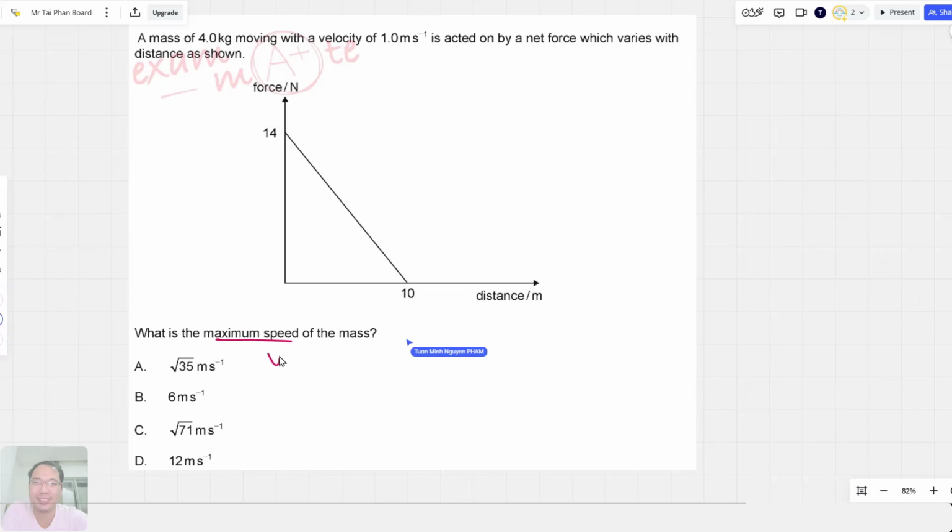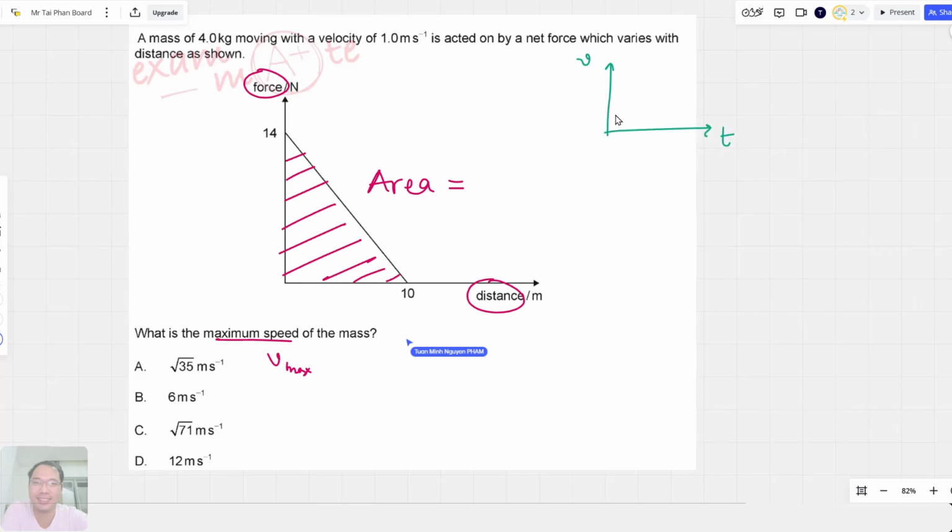The question is the maximum speed, and we're given the force with a distance graph. Therefore, from these two things we will usually think about the area of the graph and what is the meaning of this area. That is force over distance. Like if we are given a speed versus time graph, the area of this graph means speed multiplied with time, the distance that the object travels.